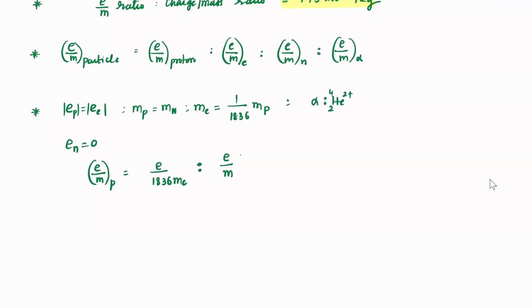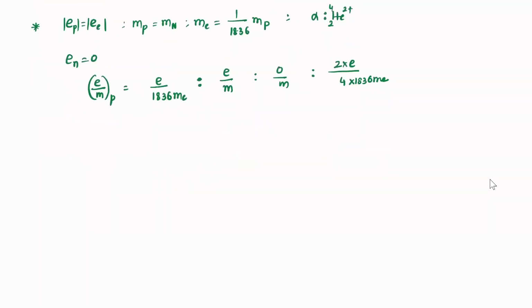This is for electron I'm writing, and 0 by M, which is the ratio for neutron, and charge of helium would be 2 times the charge of proton divided by mass will be 4 times the mass of proton, and mass of proton is 1836 times of that of electron. So I can remove this M here and replace that with this number.